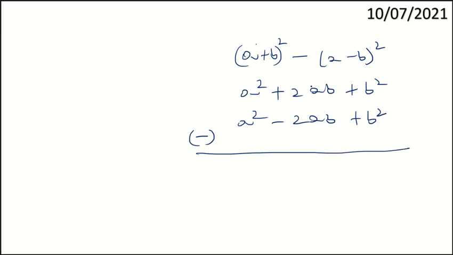When I am doing subtraction of an algebraic expression from another algebraic expression, the signs of the subtrahend will change. Here the subtrahend is down below. This becomes minus, this becomes plus, and this becomes minus. Plus becomes minus, minus becomes plus. So a square minus a square cancels, b square minus b square cancels, plus 2ab plus 2ab becomes plus 4ab.